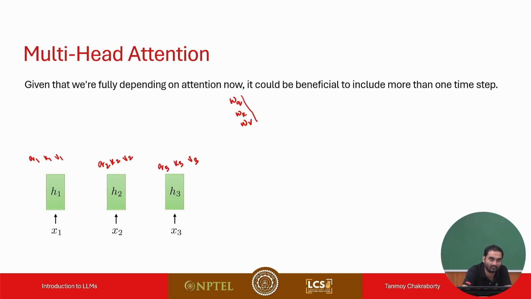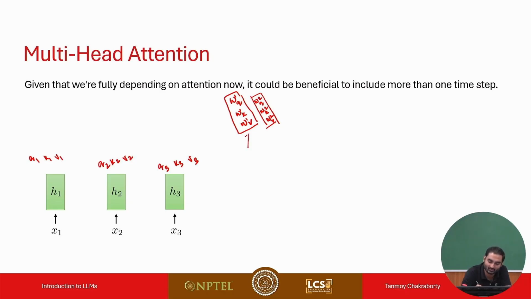In multi-headed self-attention, we repeat the same thing multiple times, meaning we have one set of parameter matrices, and we take another set of parameter matrices, which would look like this. WQ1, WK1, WV1, and WQ2, WK2, WV2 is another set of parameter matrices.